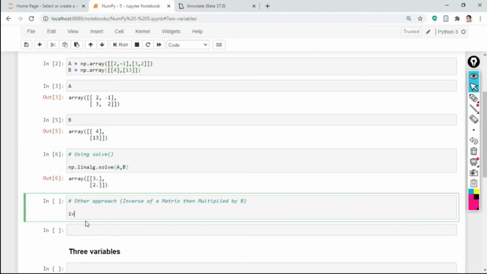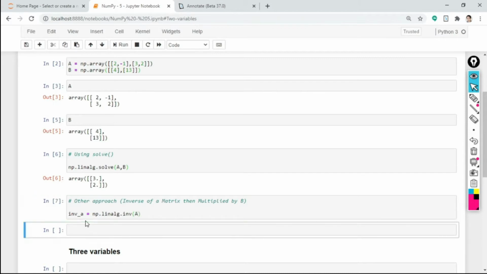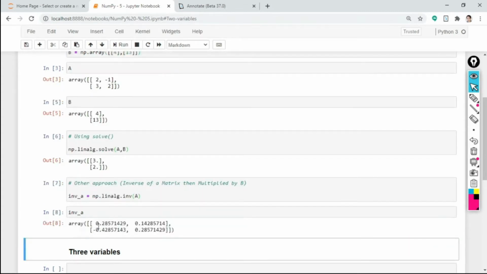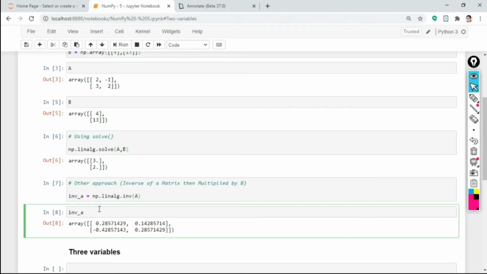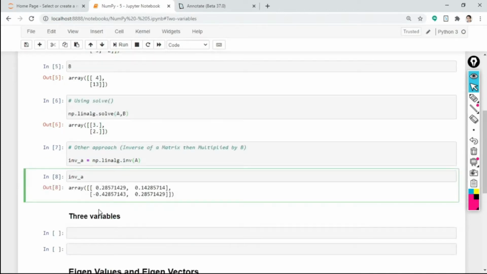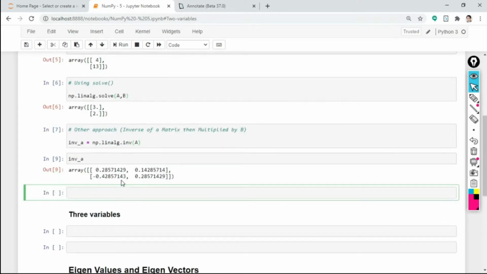Okay, so you use the inverse. So if you remember, np.linalg. So you use the inverse of the matrix. So our original matrix is A. Okay. So what will be the inverse? So let's check. So this will be the inverse of the matrix. Then we multiply this one with B. So you know that for matrix multiplication, you can use dot.